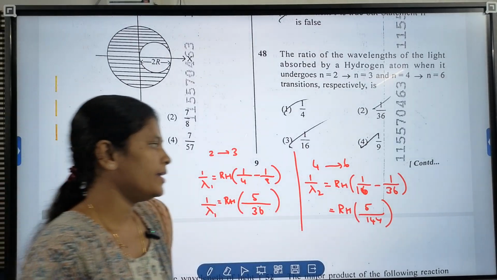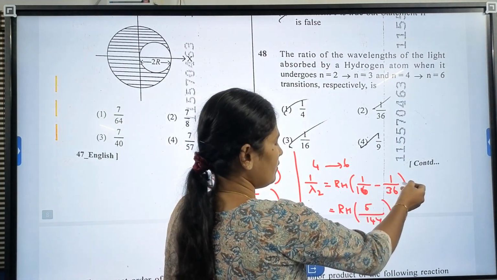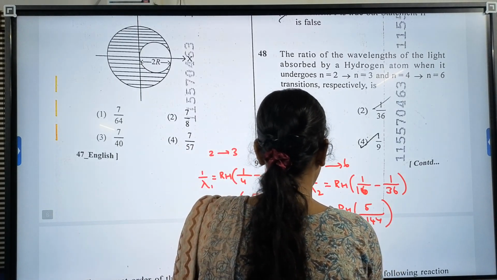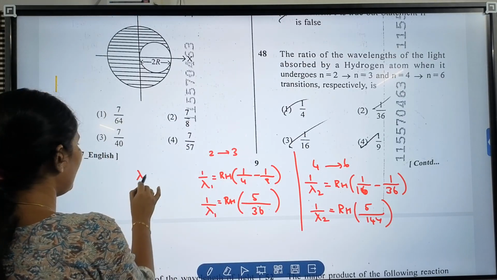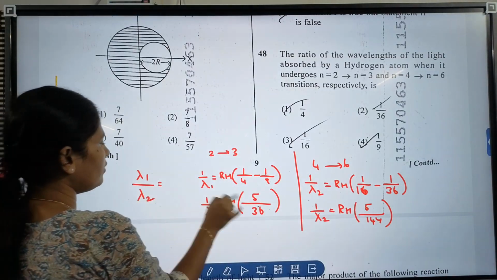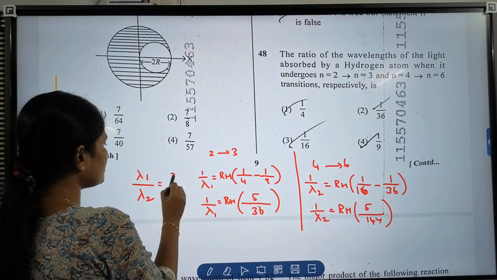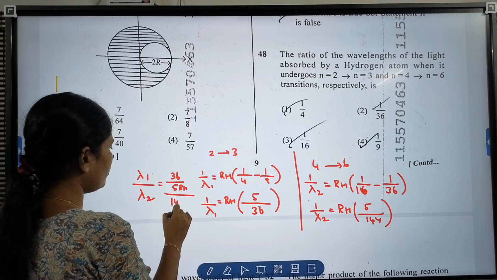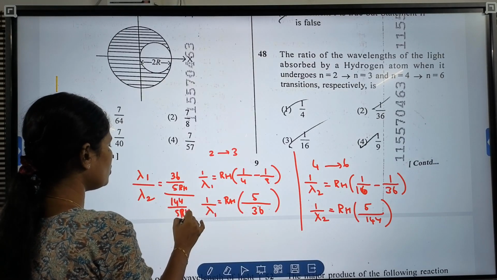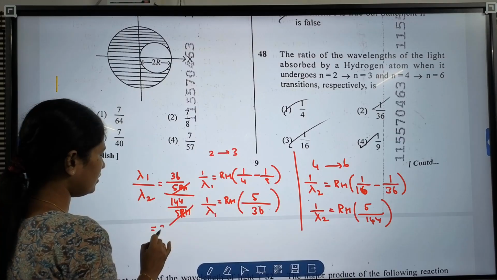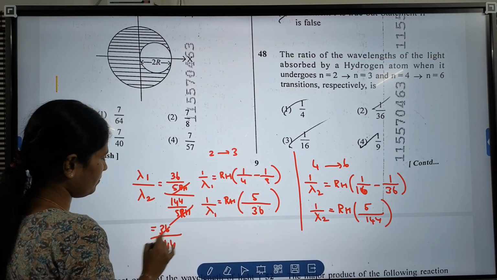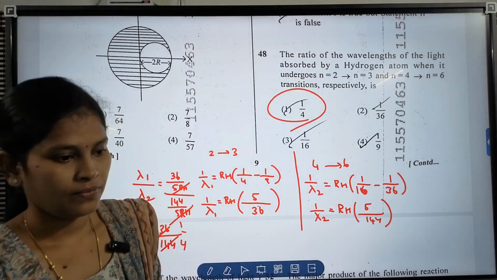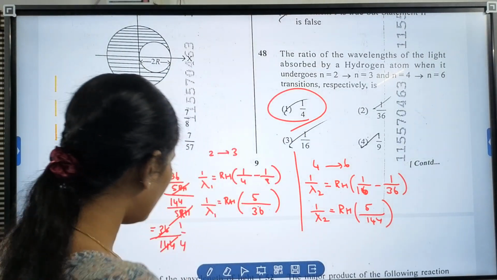We have to multiply with 9 and here we have to multiply with 4, so it will be 9 minus 4, which is 5. So that is 1 by lambda 2. The ratio here is lambda 1 by lambda 2. Lambda 1 we can take as 36 by 5 RH. Lambda 2 can be taken as 144 by 5 RH. Once we cancel this, we will get 36 by 144, which is 1 by 4. So the answer here is the first option. Okay, we are moving into the next question.